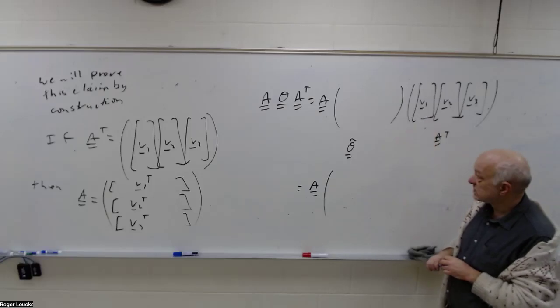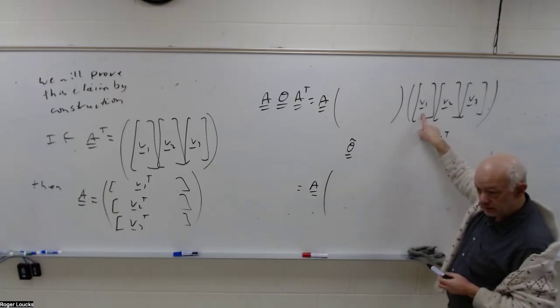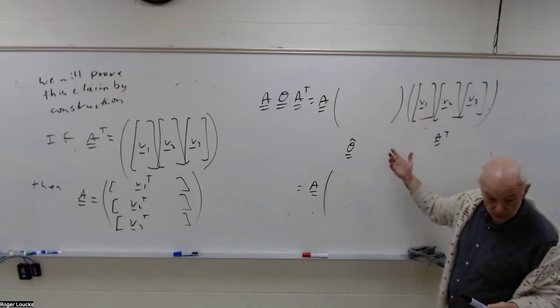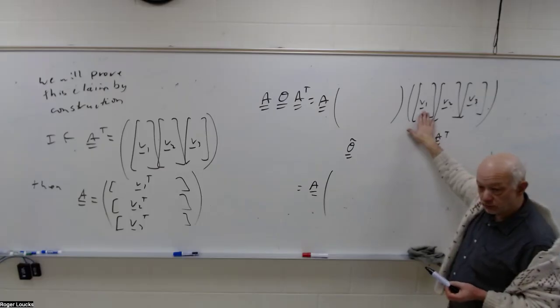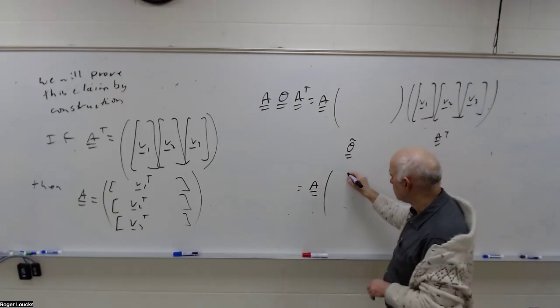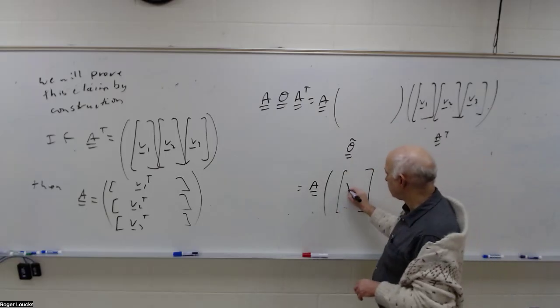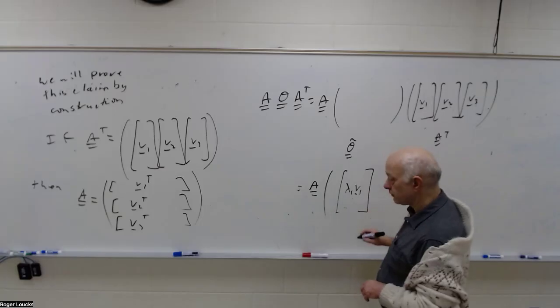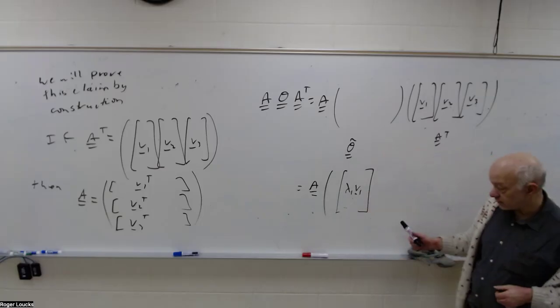When this matrix here acts on this guy here, it's an eigenvector. So I get back this whole matrix multiplied by lambda one. That result I'm going to write as just lambda one times your V1 vector here. That makes sense?